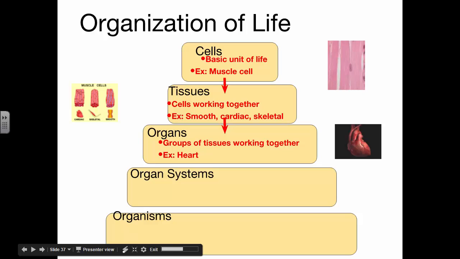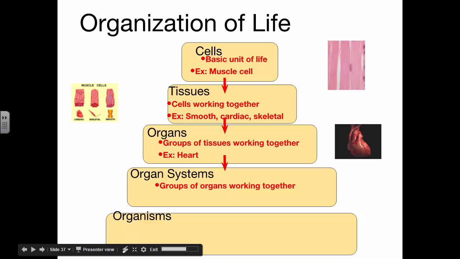If we continue, we have groups of organs in our body that work together to do a certain job. Okay? For example, your heart working with your arteries and your veins and your capillaries forms what system? What organ system? Casey? The respiratory system? No. Lindsay?